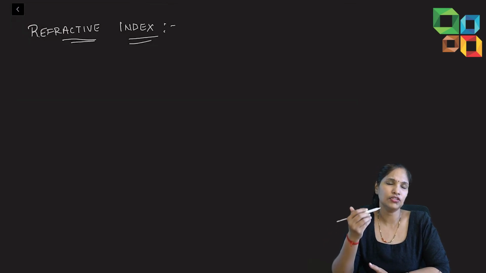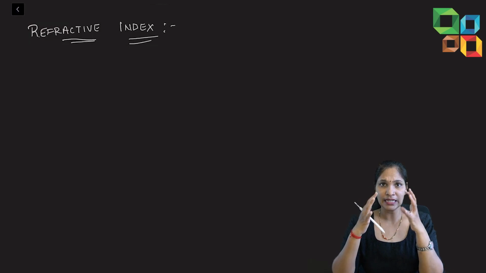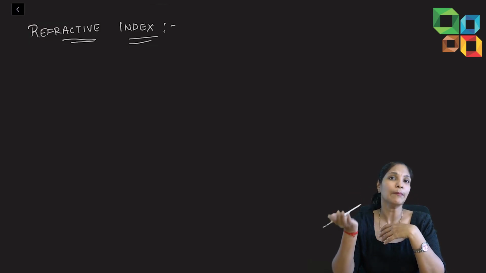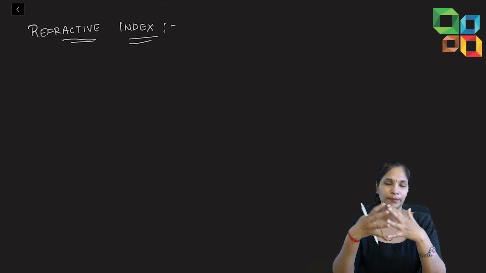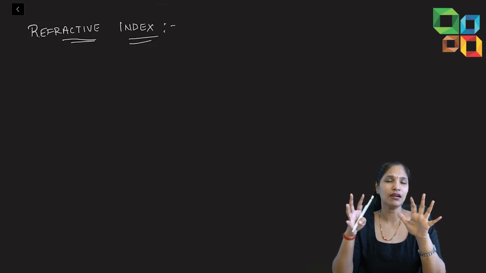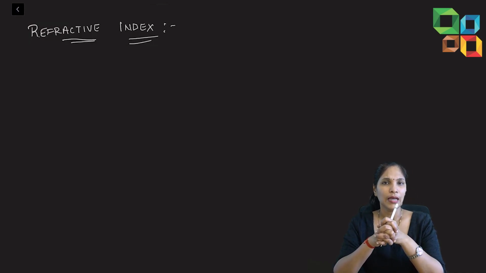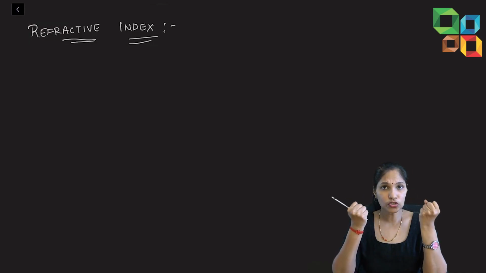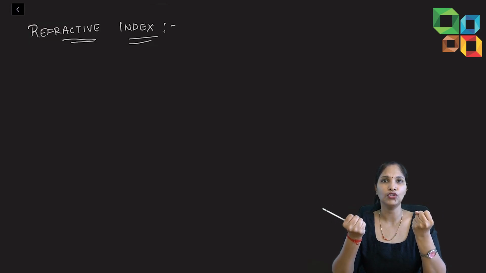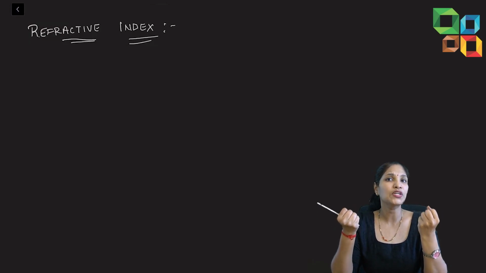But in that case, you're comparing nature of one medium with something which is a standard one. So here, standard means air seems to be a little standard or vacuum seems to be a little standard. Because what happens to speed of light in vacuum? Everybody knows speed of light in vacuum is 3 into 10 to the power 8 meter per second.